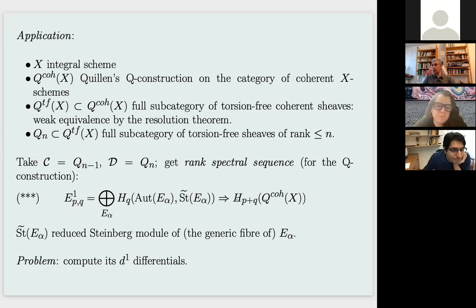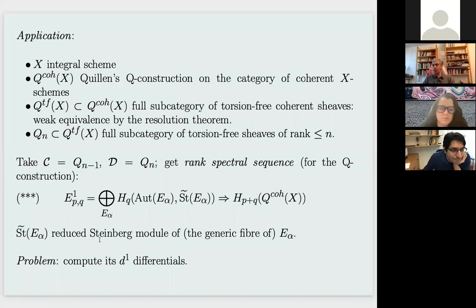It converges to the homology of the Q construction, and when you take homotopy groups, you get the so-called K-prime groups of X. The E^1 term is a sum of homologies of automorphisms of these sheaves E_alpha with values, here a little more precisely, in the reduced Steinberg module of the generic fiber of E_alpha.